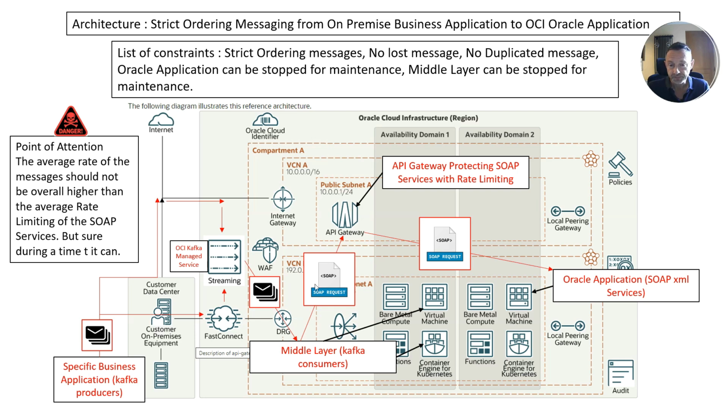Now, I have written a small piece of code to check this architecture, a mini POC. I use here a REST service with Spring Boot, just to simulate exactly the same as the SOAP services. And I use OCI Streaming.